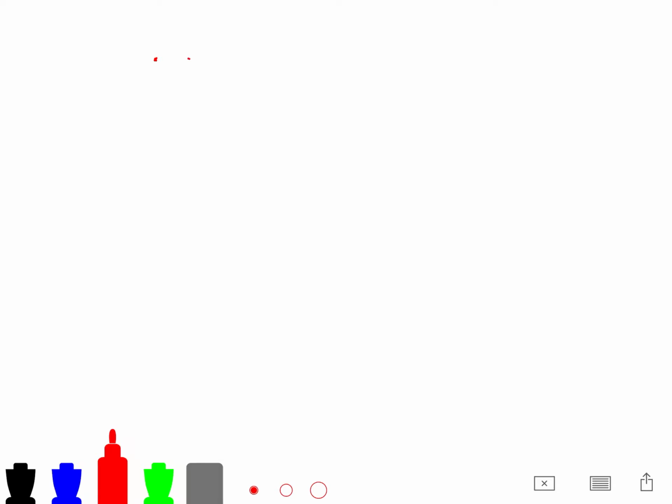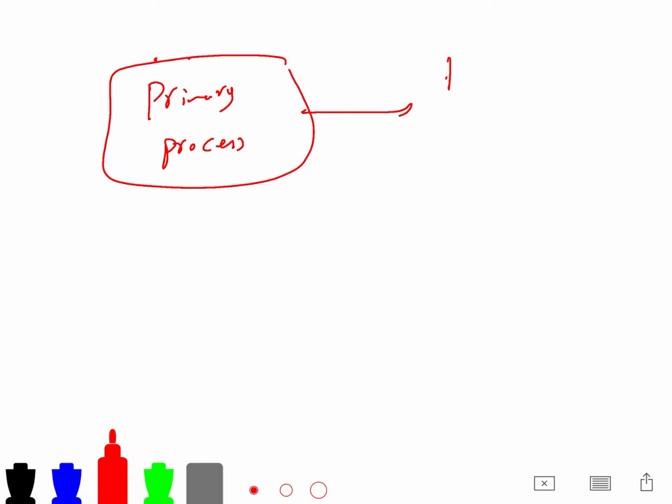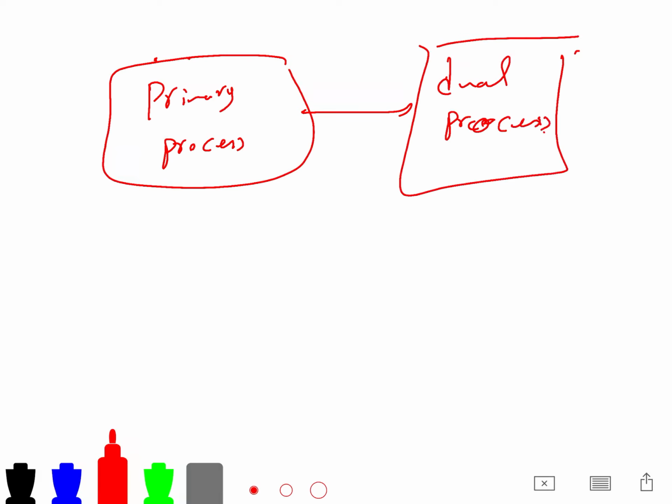Here we are using a dual process. The process could be even completely different from the primary process. And by analyzing the dual process, we can understand about this one.